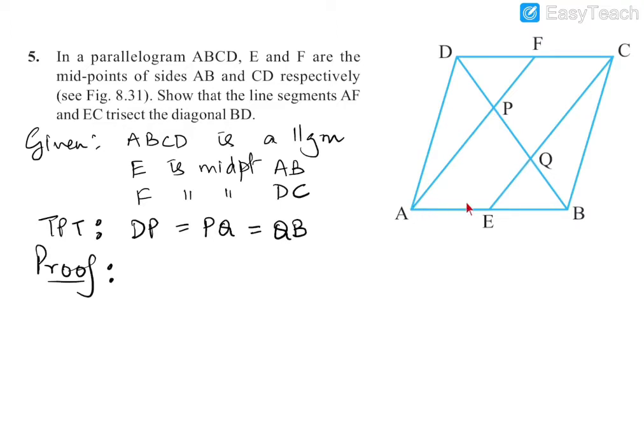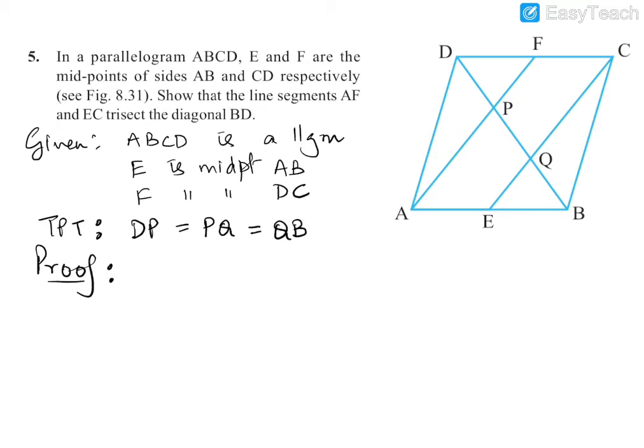Likewise, in this triangle ABP, E is midpoint of one side. If we show EQ parallel to AP, then using converse of midpoint theorem, we'll be able to say that Q is midpoint of PB. And with these two results, we can say that DP will be equal to PQ will be equal to QB.